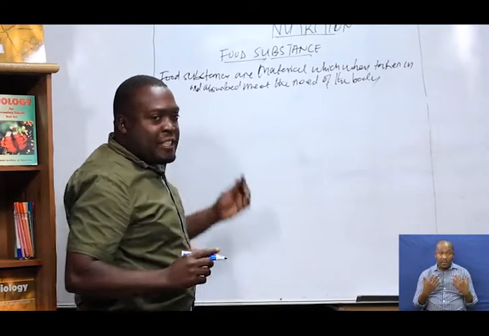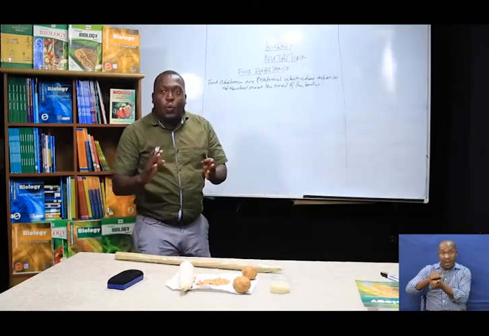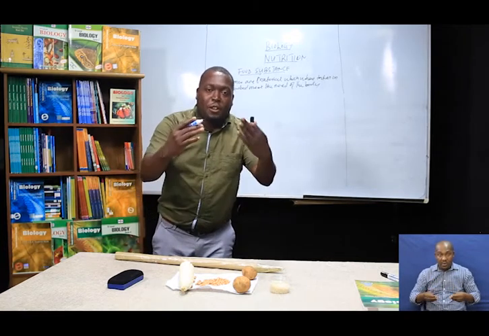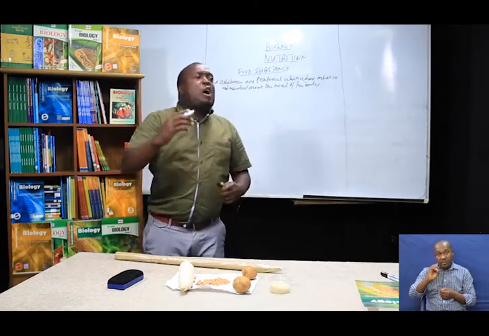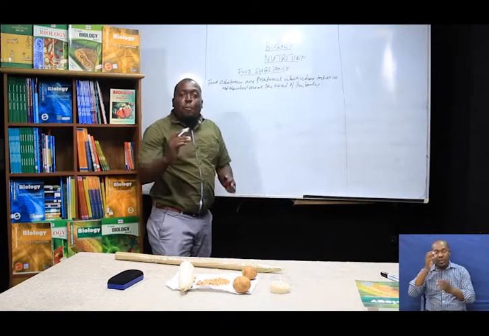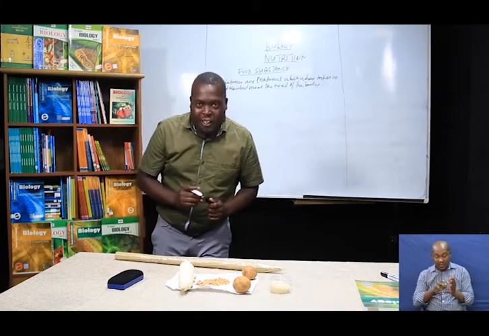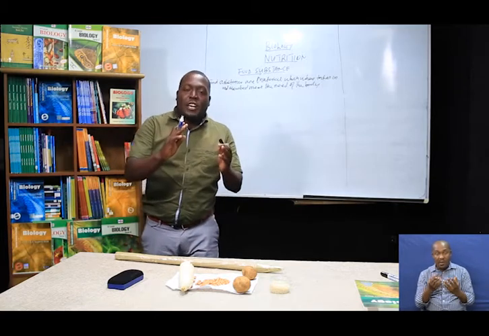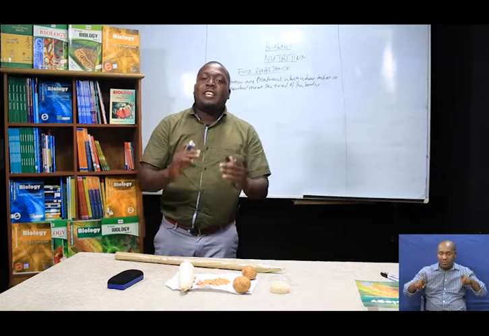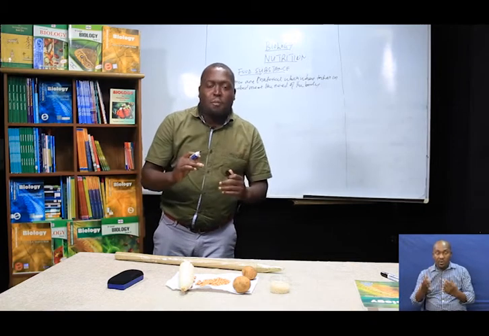So food substances are the materials which, when taken in and absorbed, meet the need of the what? Of the body. Now, what are these food substances that are needed to meet the need of the body? We have several kinds of food substances that are needed to meet the need of the body.